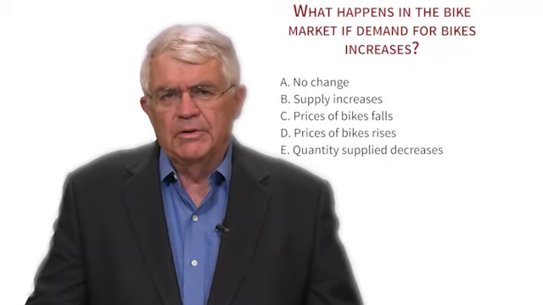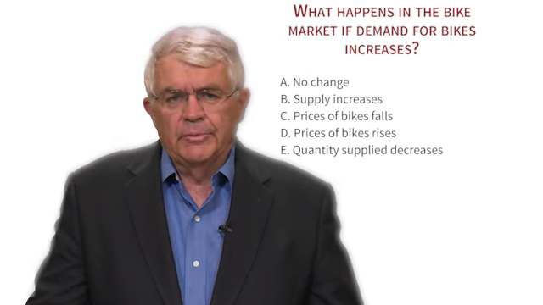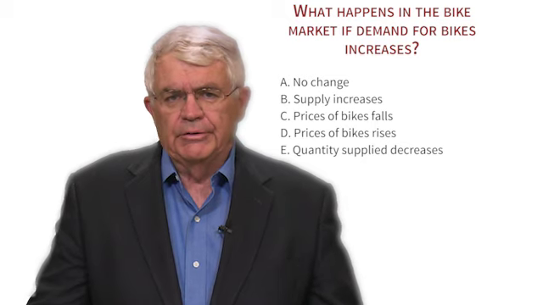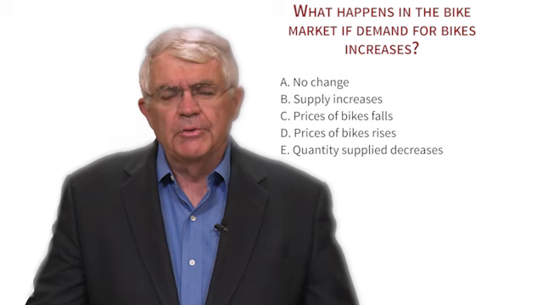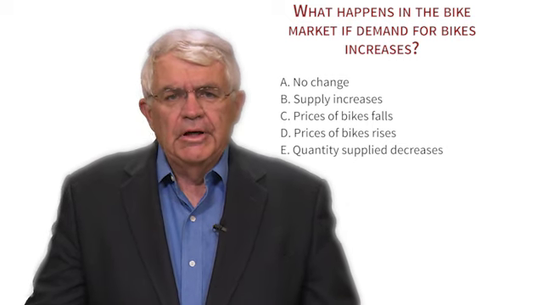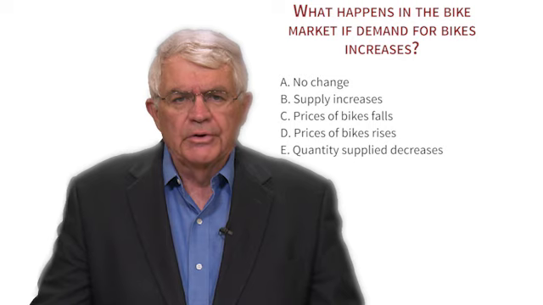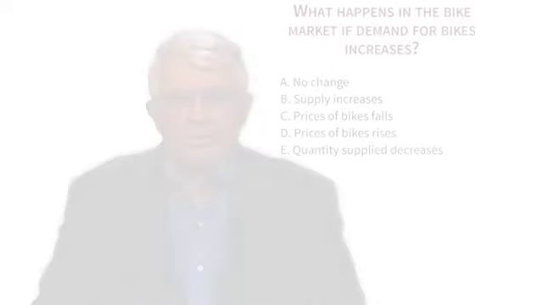We said nothing could happen, you could have supply increase, the price of bikes falls, the price of bikes rises, or quantity supplied decreases. Only one of those is going to be right. Maybe you could write on a piece of paper what you think is the answer, and let's go look at the model to see which one it is. Is it whether the price of bikes falls, rises, or something else?